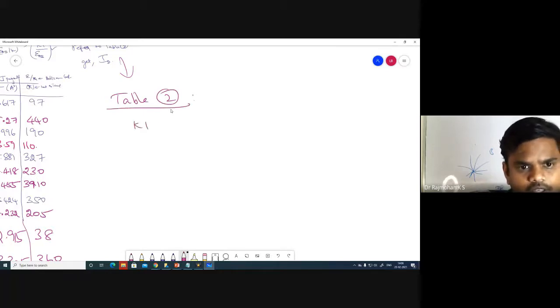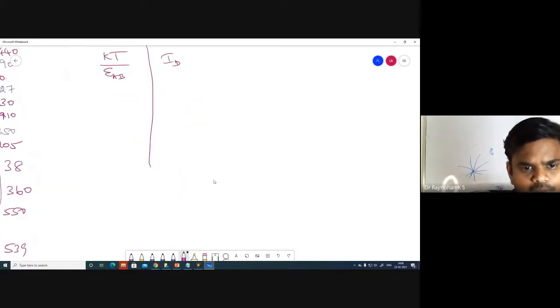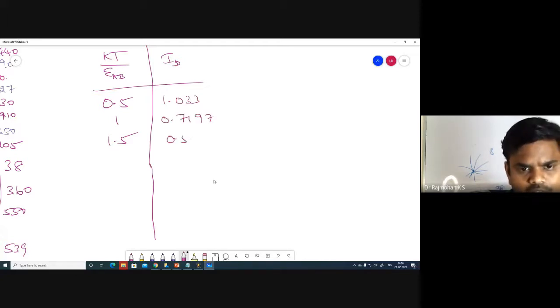So we have kT by epsilon versus ID. We have a lot of values, but I am giving just the important ones which we are going to make use of in our exams also. You will not get the values anywhere else, so take down from here. 0.5 is 1.033, 1 is 0.7197, 1.5 is 0.5991.